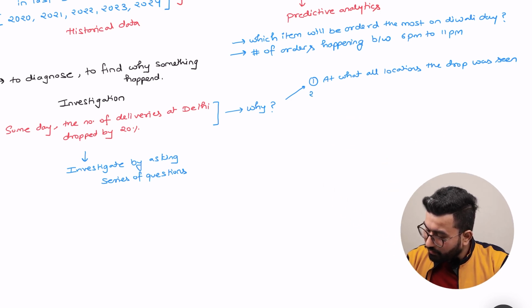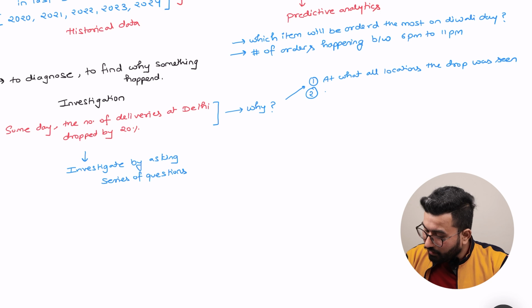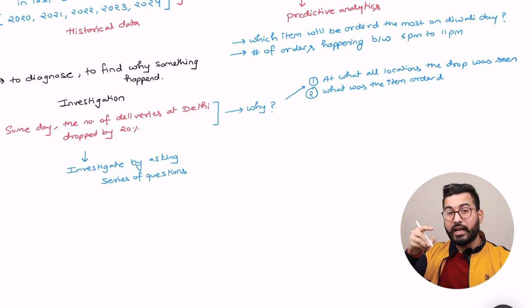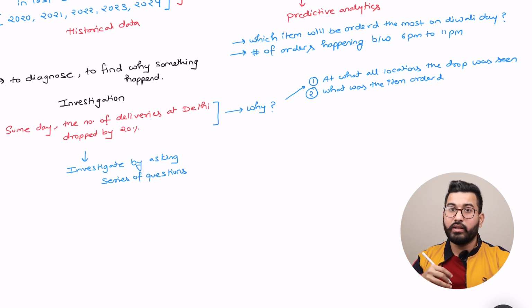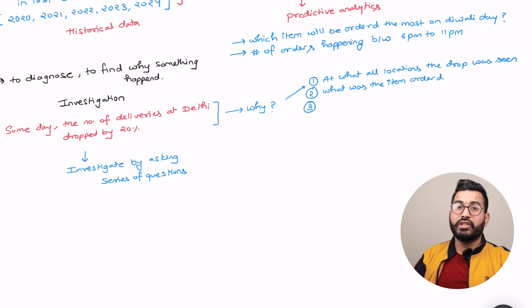Then maybe, let's say the answer is in a few locations. Then maybe you can check what was the item ordered. Maybe you can check which item was getting ordered from these locations where the drop in orders was seen. Then maybe you also want to look at some external data.